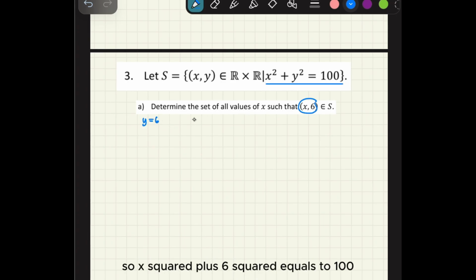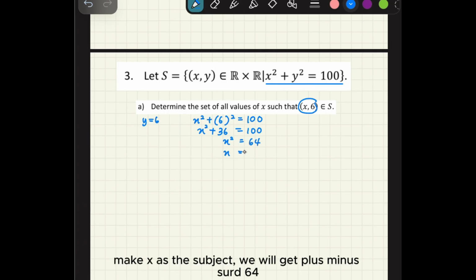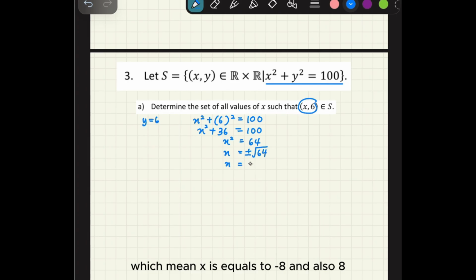So x squared plus 6 squared equals 100. Here we will get 36, and then move that part to here, which is 64. To make x the subject, we will get plus minus the square root of 64, which means x is equal to negative 8 and also 8.